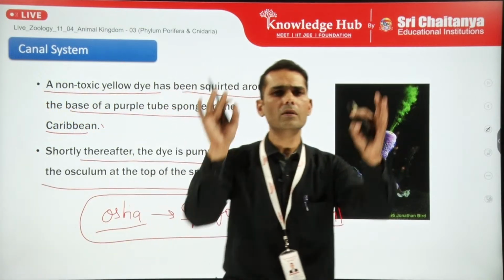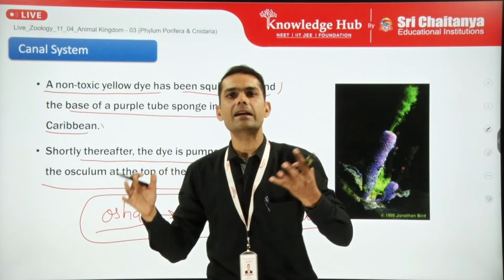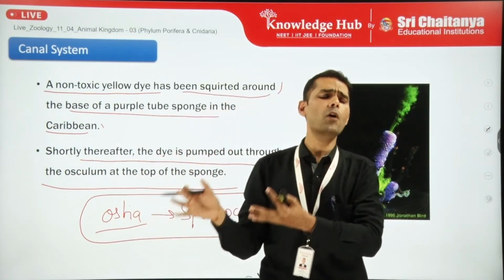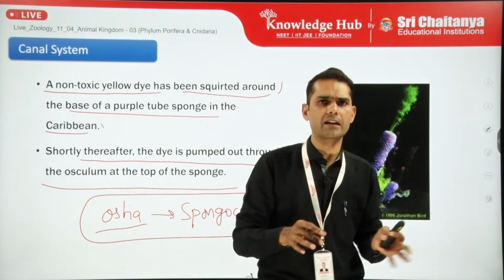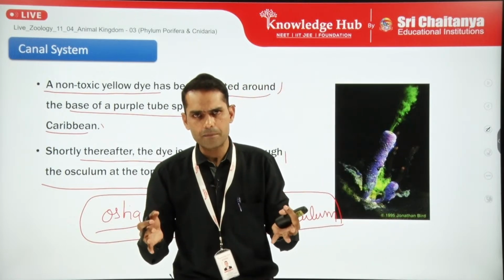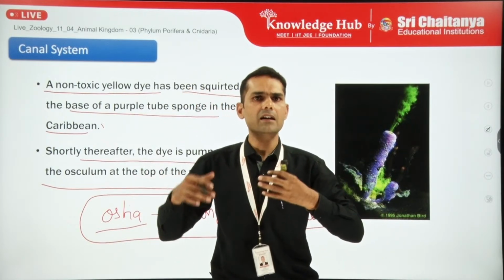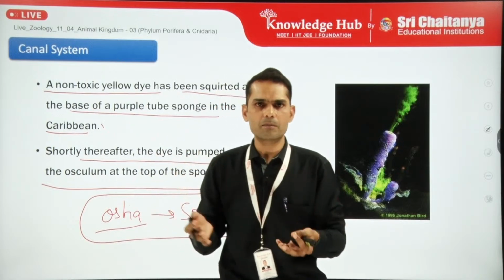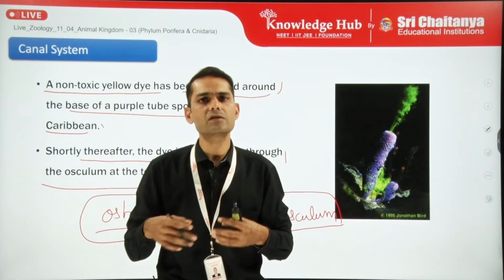I want to let you know that on the basis of the water canal system also, the porifera are categorized into three categories: ascon type, sycon type, leucon type. Out of these three categories, ascon type is the simplest type and leucon type is the most complex type.